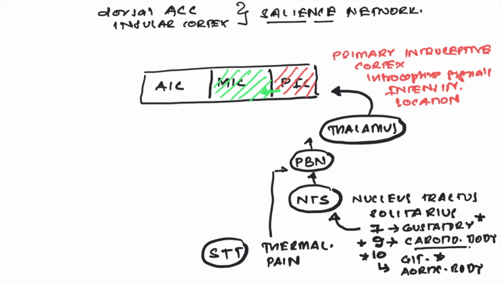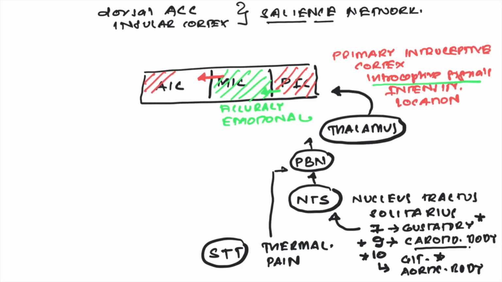This is an integration center where it will integrate these interoceptive signals, all right? And it is going to focus on the interoceptive accuracy, that is the number of heartbeats, for example, plus the emotional state that an individual is in. That's its function. From here, the information is going to travel to your anterior insular cortex.